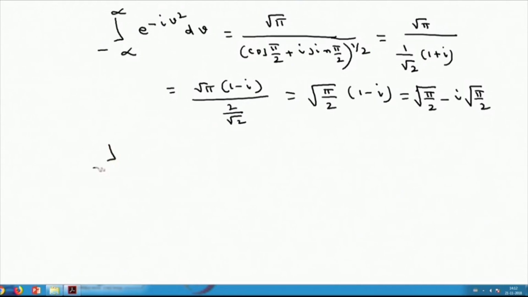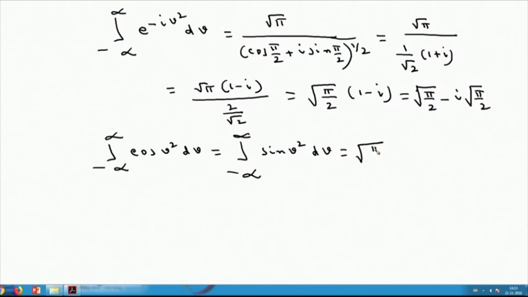So from here you can tell that the integral from minus infinity to infinity of cos of v square dv equals the integral from minus infinity to infinity of sin of v square dv, and if I equate the real part and imaginary part, for both cases I will obtain the same value, that is root over pi by 2. So, I am writing e power minus I v square in terms of cos of v square and sin of v square, and equating the real and imaginary part, I am getting the value of this.